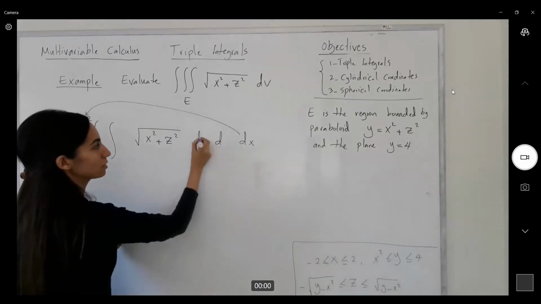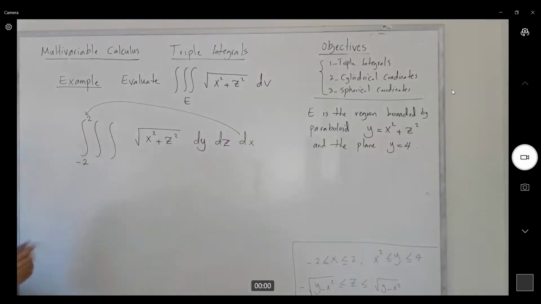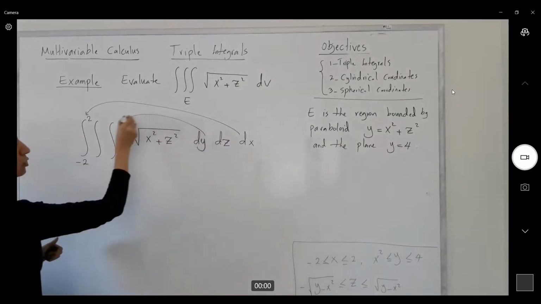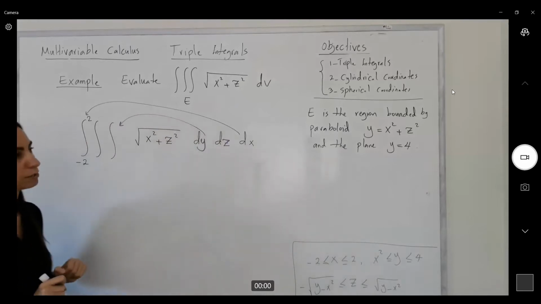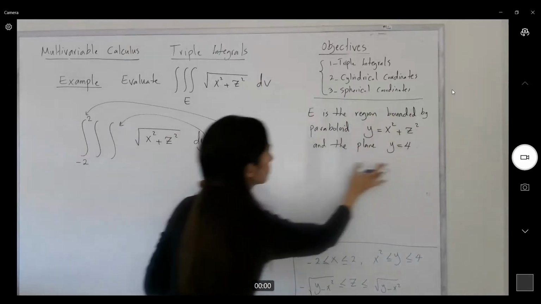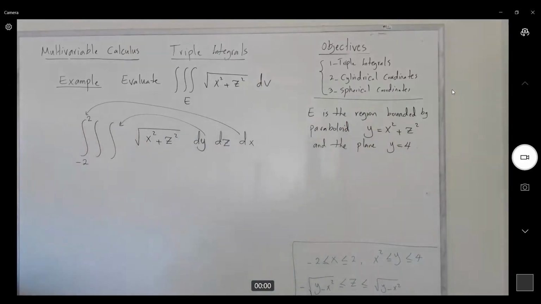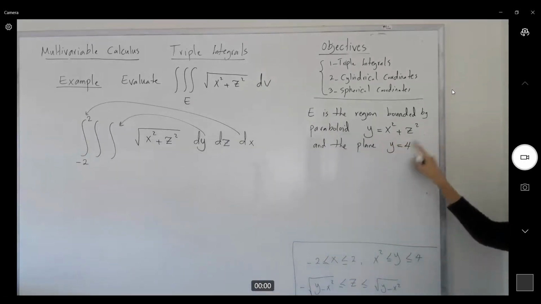It was dz, dy, now dy and then dz. I need to find the boundary of the inner integral with respect to y. I'm going to get back to the region that I have here. I know that y is equal to x squared plus z squared, and y is equal to 4.